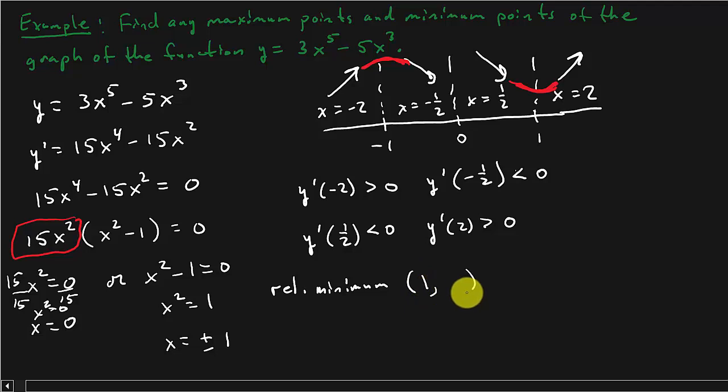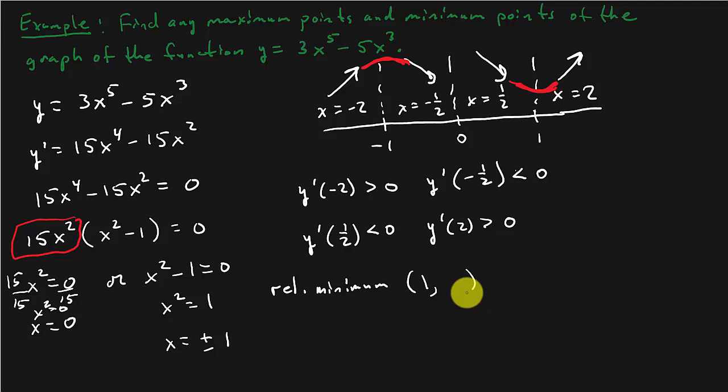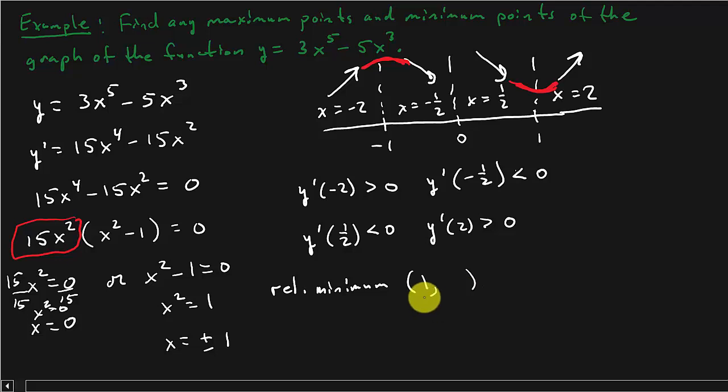All right, now look. I need a point. I've got the x coordinate. I need the y coordinate. This is where students mess up all the time. So to get the y coordinate, where do I plug the 1 into? I have to plug it back into the original.